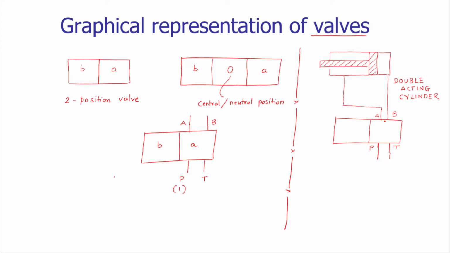Here, as per the convention, the number of positions are shown, the number of ports are shown, the connections are drawn, but we have to show the direction of fluid flow. So for this position, the direction of fluid flow is from P to A. So let us draw P to A, and the fluid gets to the tank from B to T. So B to T.